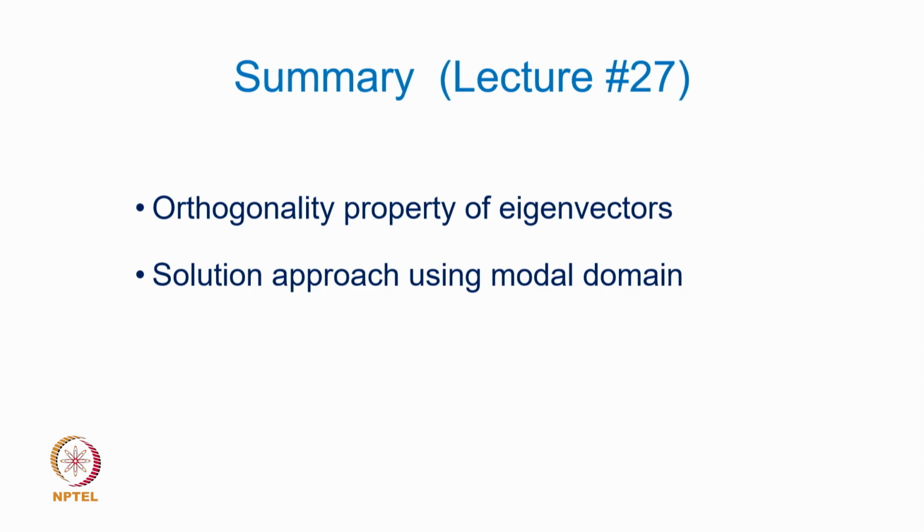In addition, we were introduced to the solution approach and understood how the coupled governing equations of motion get decoupled by using the modal matrix and the orthogonality property, which is the foundation for an efficient calculation of the response of a multi degree of freedom system.